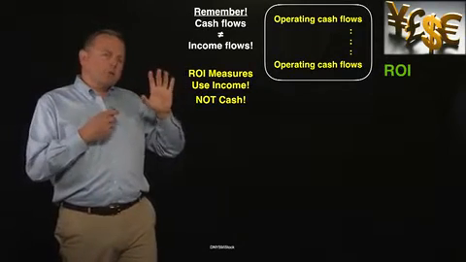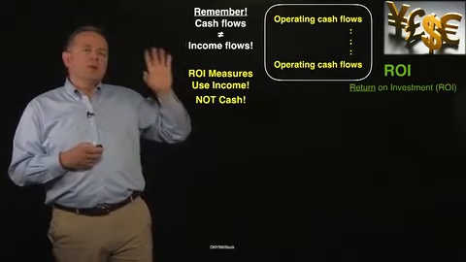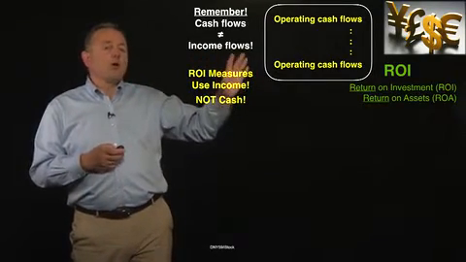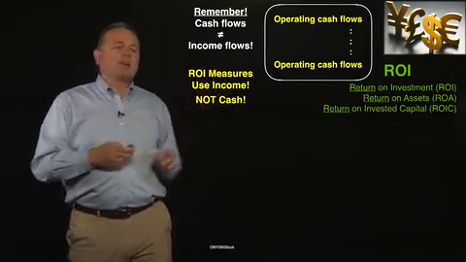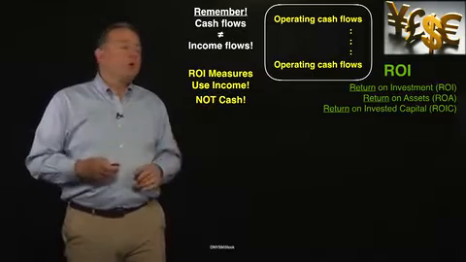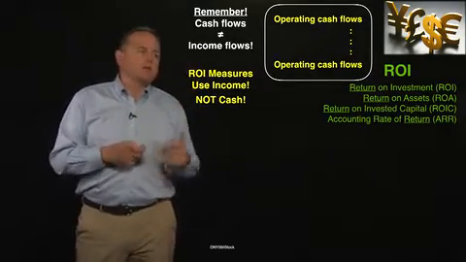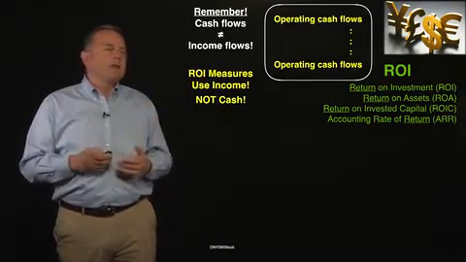And to remind you what ROI is, return on investment has some synonyms: return on assets, ROA, return on invested capital, ROIC, or accounting rate of return, ARR. These are some of the synonyms that are attached to this general concept of ROI.